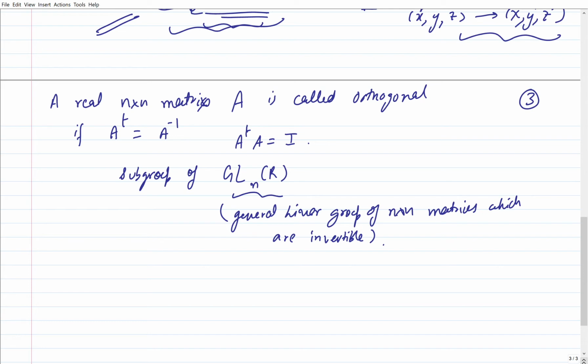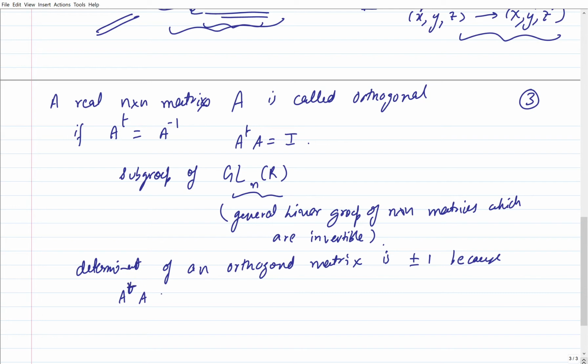And you can check that the determinant of an orthogonal matrix is plus or minus 1. Because A transpose A equals I, and the determinant can be factorized as a product.